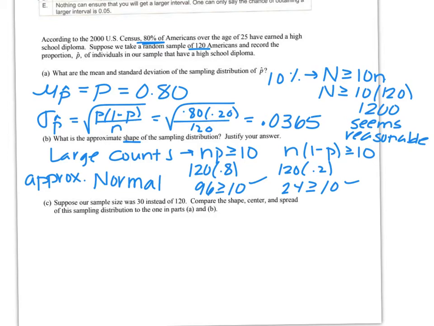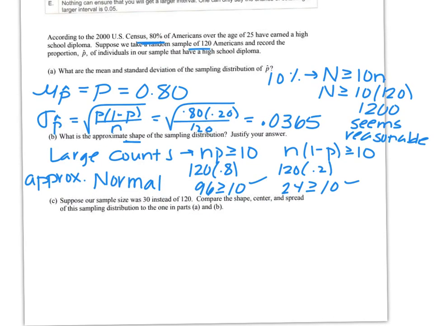And then finally, C says, suppose the sample size was 30 instead of 120. Compare the shape, center, and spread of this sampling distribution to parts A and B. So if n is equal to 120, we know that the center was at 0.8.